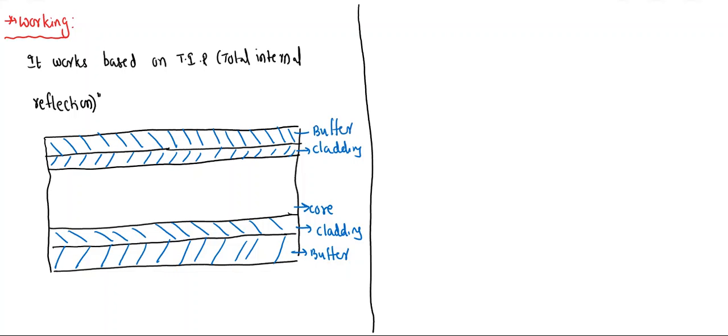Now let us go for the working. We will take one light ray, and this light ray is allowed to be incident here. This is the incident light ray. We have to draw the normal here, and this is considered as the normal.